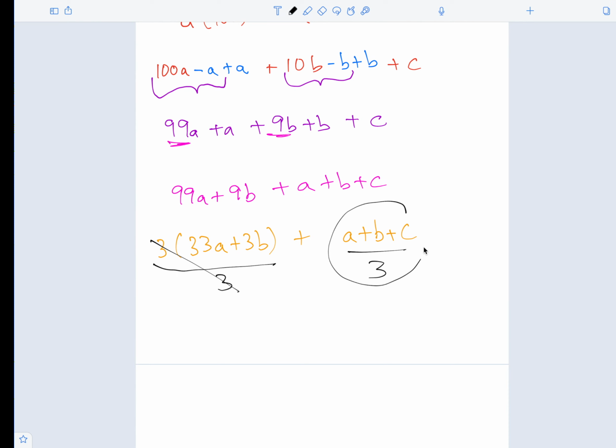We defined A plus B plus C as divisible by 3. So whatever A, B, and C are, it's going to go into 3 evenly. Because 3 goes evenly into both of these parts, the number is divisible by 3. A good way to see if you understand what I'm saying is this: I'm not going to tell you why here, but you can see why if you think about it.